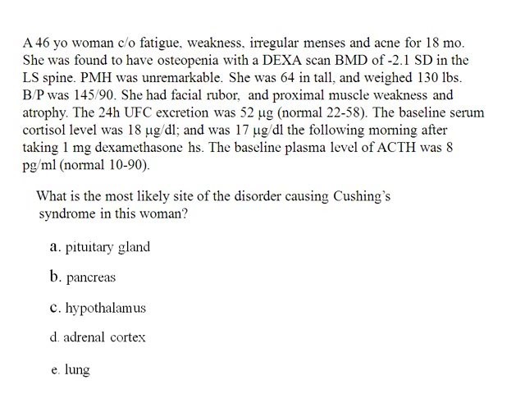Her urinary free cortisol excretion was at the high end of normal, and the baseline serum cortisol was at the high end of normal, but was 18 micrograms per deciliter, 17, the following morning after taking 1 milligram of dexamethasone at bedtime. And the plasma level of ACTH was 8 picograms per mil, with normals of 10 to 90. So the question that we would start out with: does this woman have Cushing syndrome?